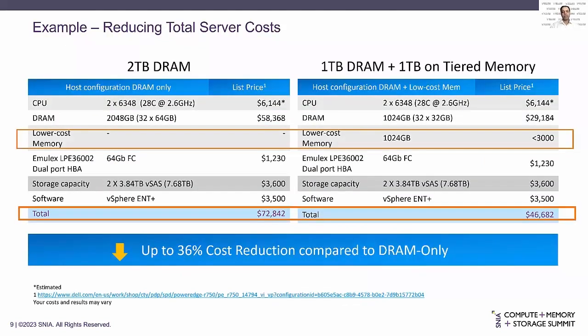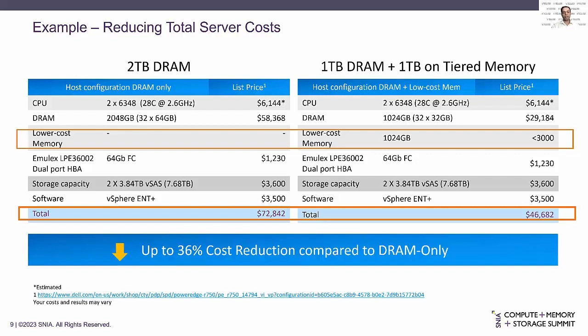So let's look at a quick example of how we could reduce total server costs. I mentioned that there are potentially ways in which you could reduce the overall costs of DRAM. DRAM, as you all know, is very expensive, and we need to ensure that for our customers, we provide the same value without degrading the performance, and we are able to reduce some of the TCO for our customers.